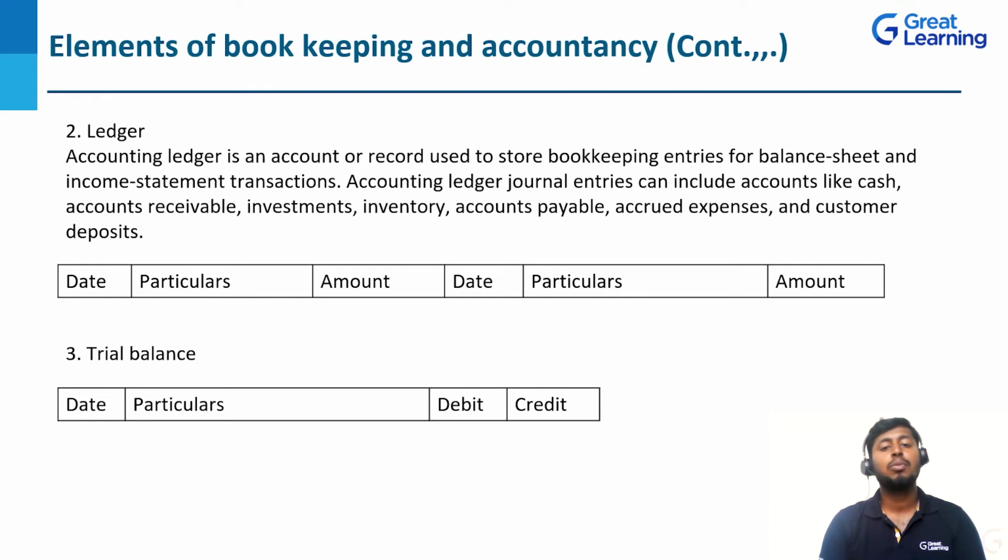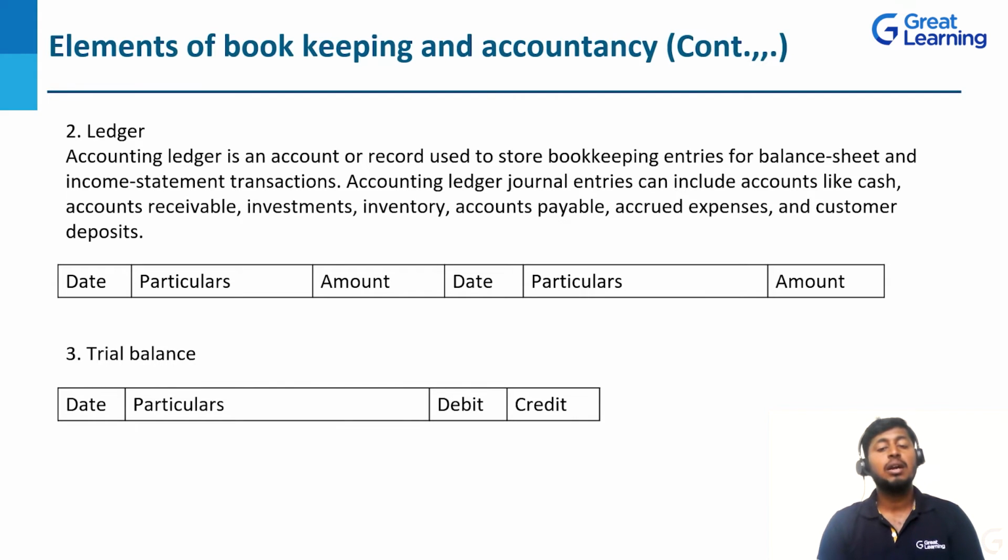That they are going to maintain in the ledger account. Accounting ledger entries can include accounts like cash account, receivables, investments, inventory, accounts payable, accrued expenses, and customer deposits. These are the individual accounts they are going to maintain in the organization.